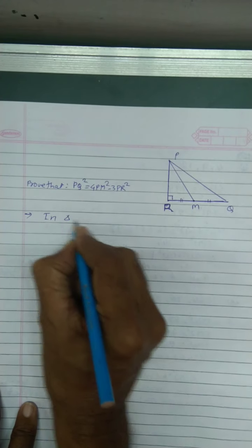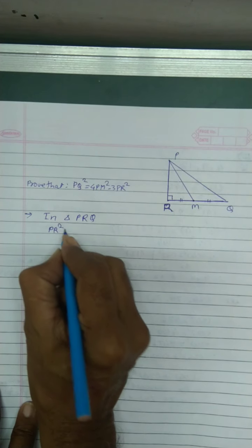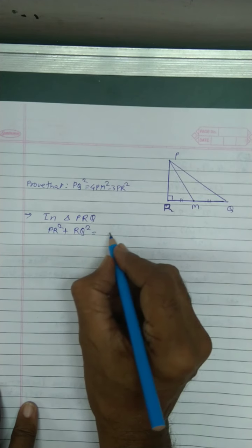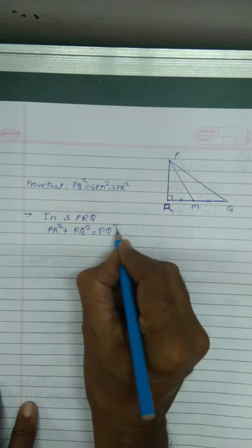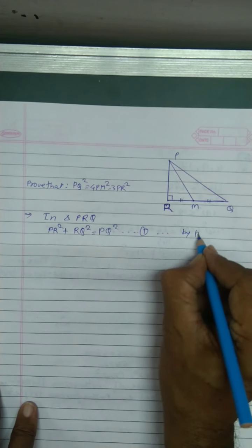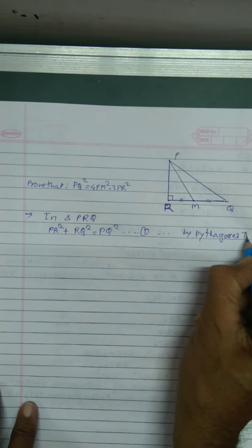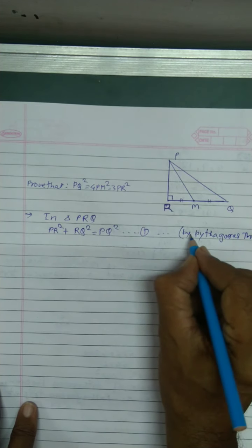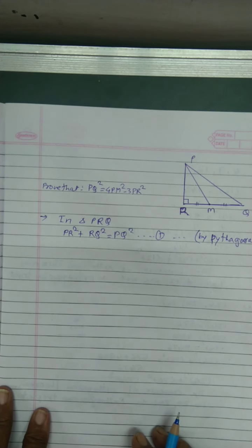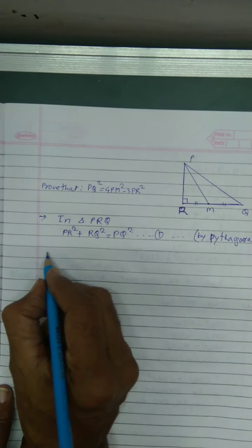In triangle PRQ, PR square plus RQ square is equal to PQ square. This is equation number 1 by Pythagoras. Okay, now we get the second small right angle triangle.